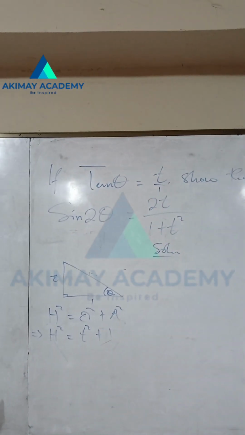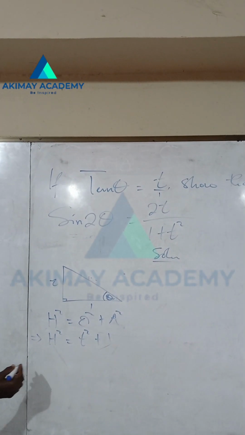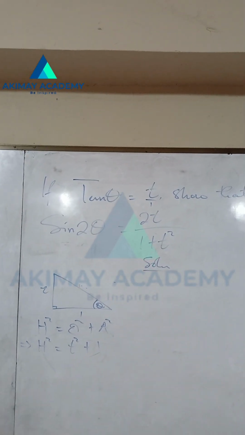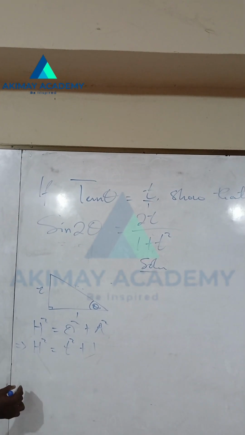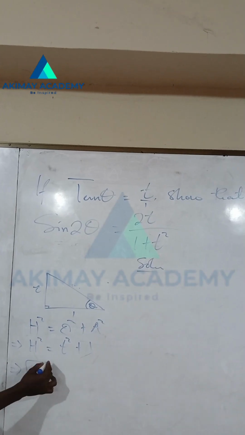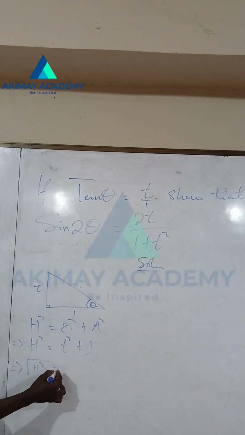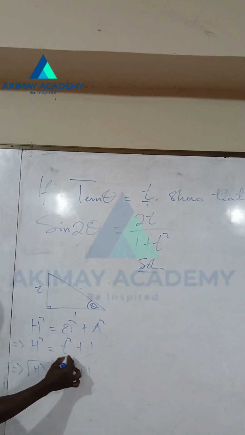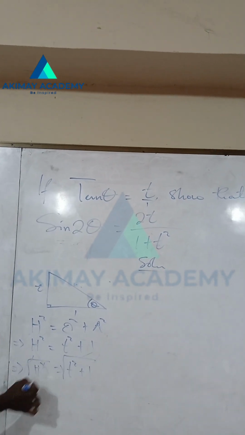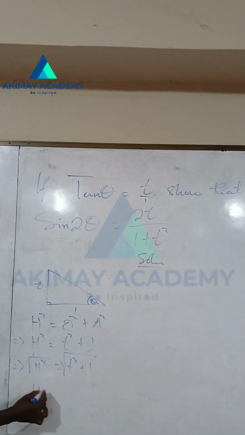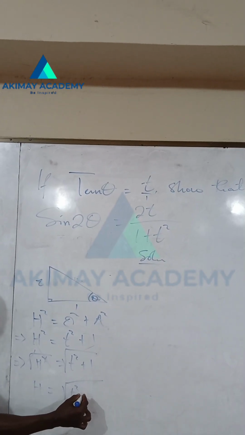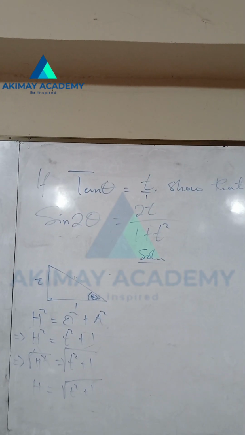So here we are looking for h. So what do we do? We take square root of both sides, right? This square root will cancel this square off. Our hypotenuse equals square root of t squared plus 1.